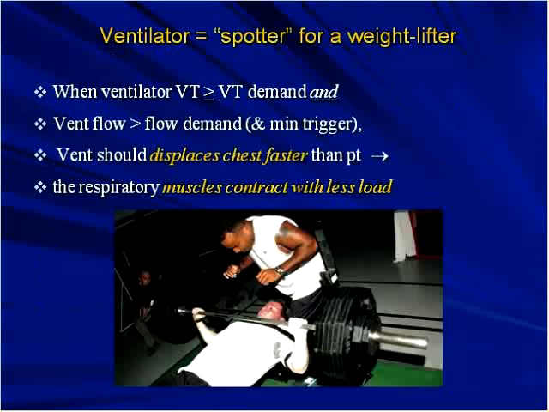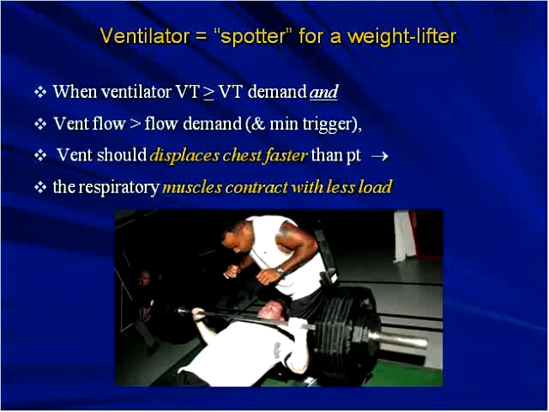And for this, I like to use the idea that the ventilator acts like a spotter for a weightlifter. So when the tidal volume on the ventilator is greater than or equal to the tidal volume demand by the patient, and the flow rate on the ventilator is greater than the flow demand of the patient, and in this we're assuming that we have minimal trigger sensitivity, the ventilator should displace the chest faster than the patient, and therefore when the respiratory muscles contract, the load on them is much less.